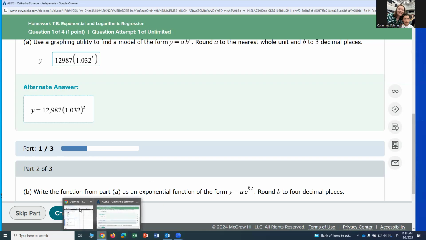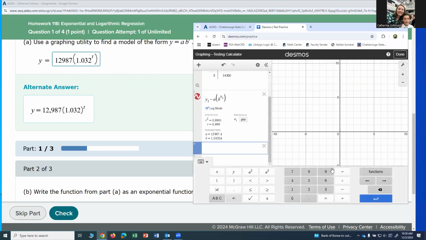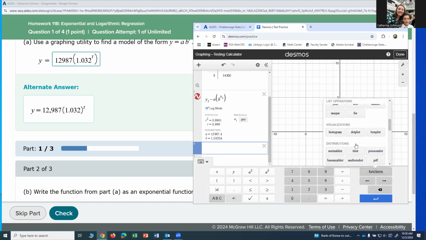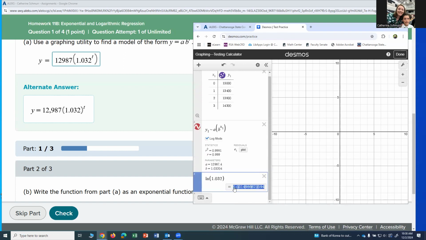So over in my Desmos calculator, in a new box, I'm going to go ahead and select the keyboard, functions, go to natural log, ln, and put in my 1.032 or whatever your original b was. And now this will be your new b. In my case, it's 0.0315 if I'm rounding to 4 decimal places.